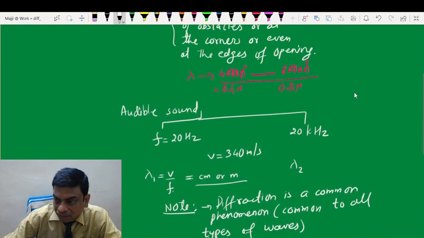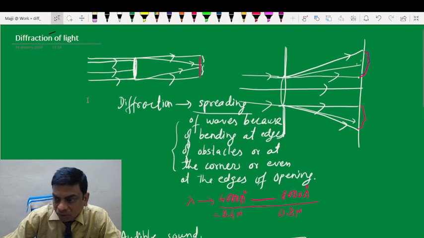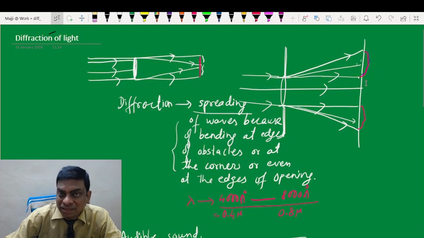By now you would have realized that in order to observe diffraction, there has to be a light source, and there has to be either an obstacle, or an opening or aperture, and there has to be a screen where we can observe the diffraction effect.